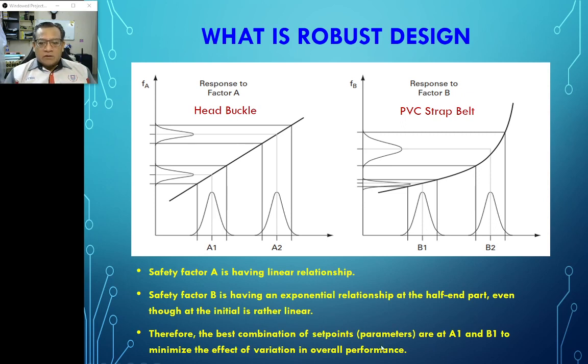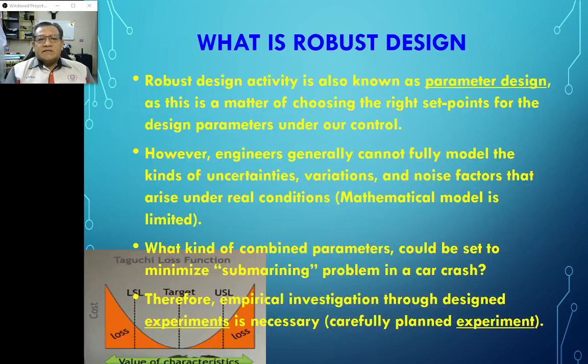So that is what robust design is all about, in which you have to test many set points, trial and errors, so that you could determine the least variation available with maximum performance. Okay, that is what robust design is all about.